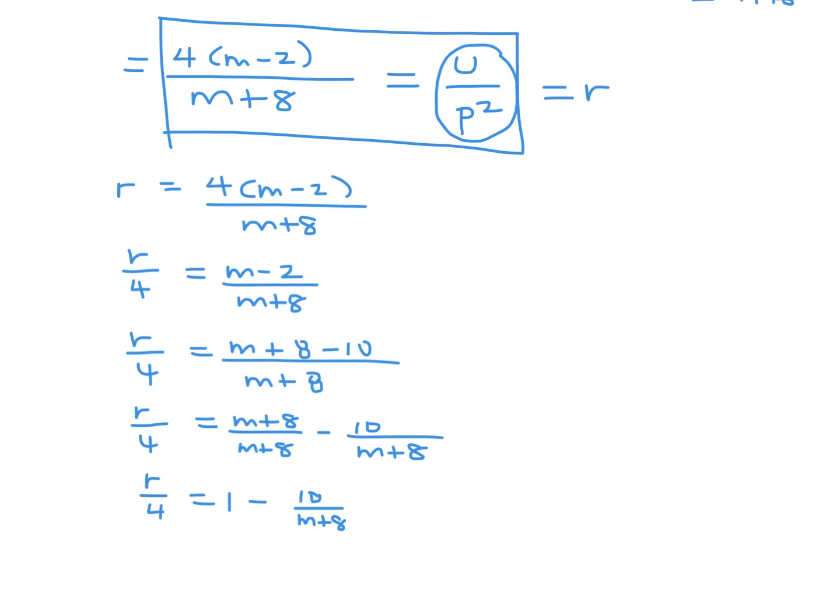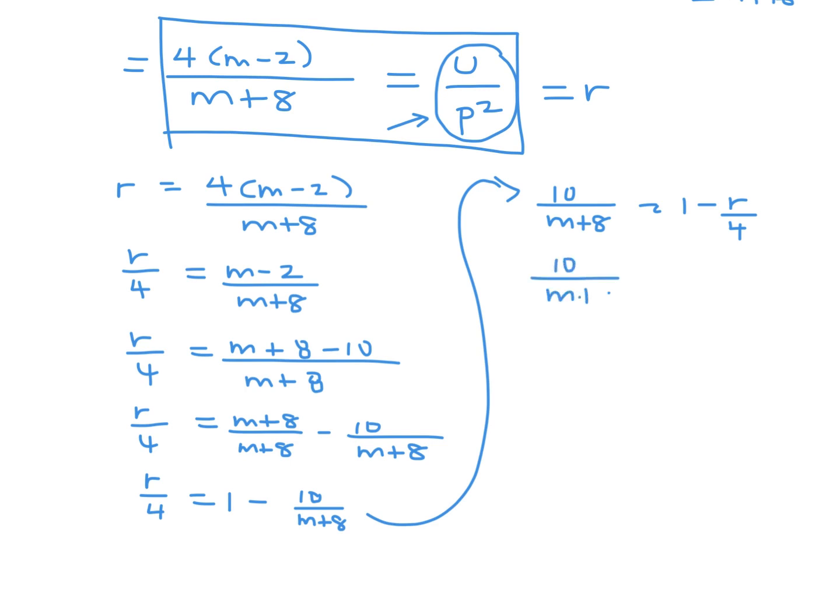Now I can bring this over to the other side: 10 over m plus 8 equals 1 minus r over 4. At this point, I'll make the substitution. So 10 over m plus 8 is equal to 1 minus u over 4p squared, correct?